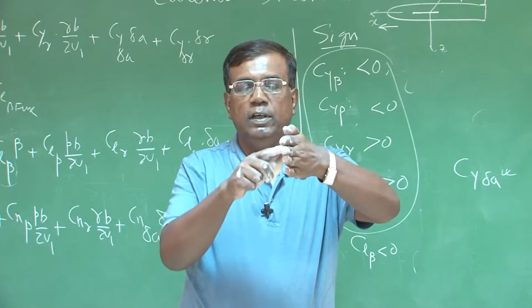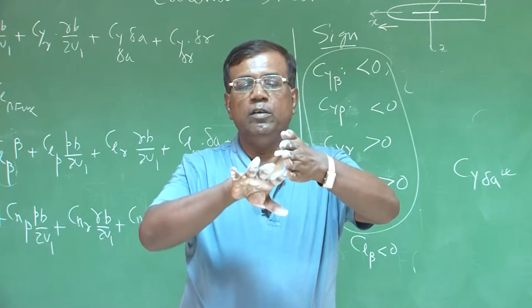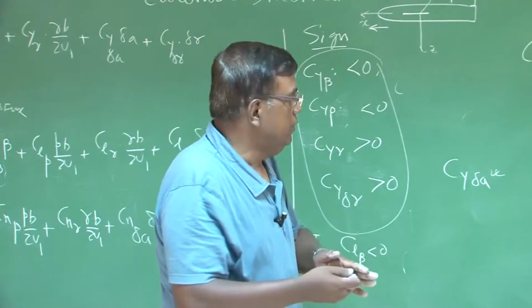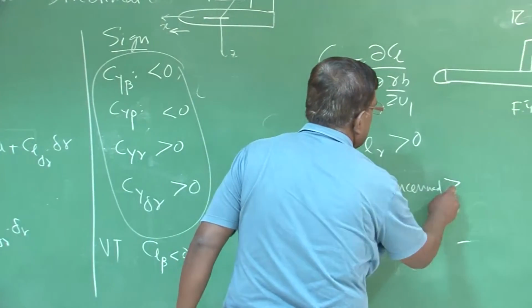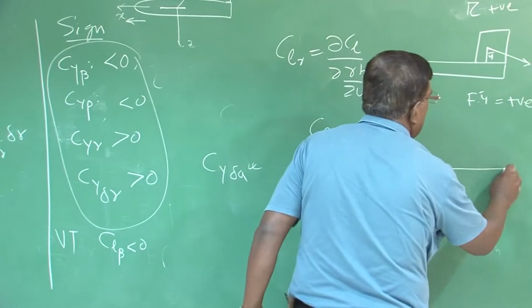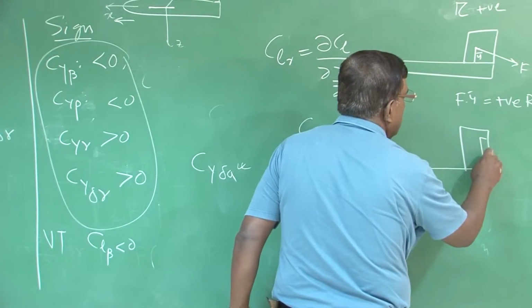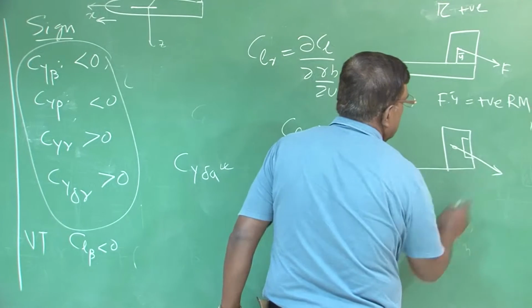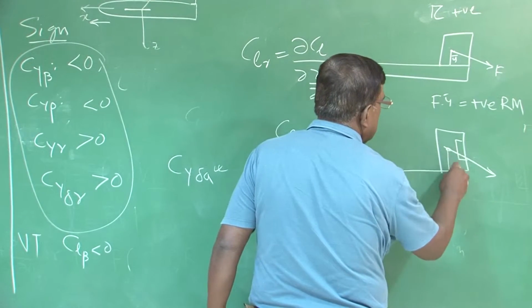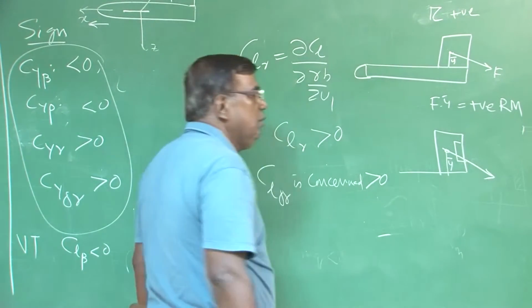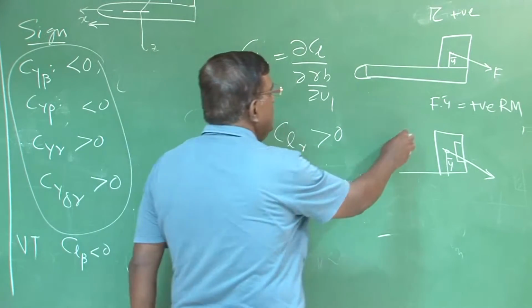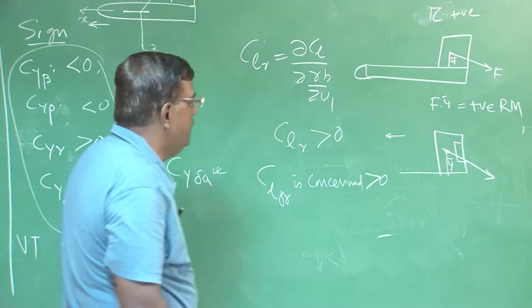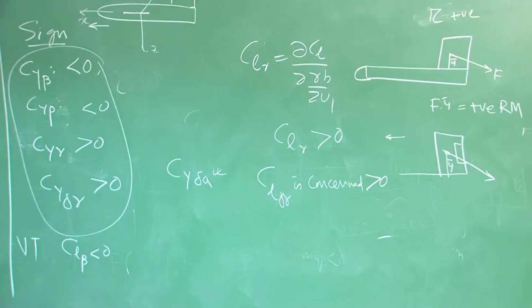So this force into the distance from the axis will give me a positive rolling moment. So CL delta R is greater than 0. This is very simple. If I deflect towards left, force will be in this direction. This force into this distance, y bar, will give me a positive roll when I am moving in this direction. Right? So CL delta R is positive.